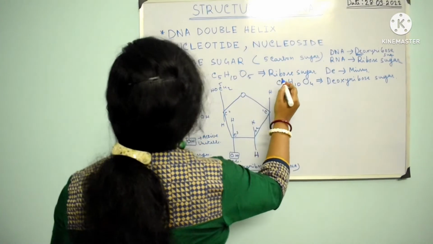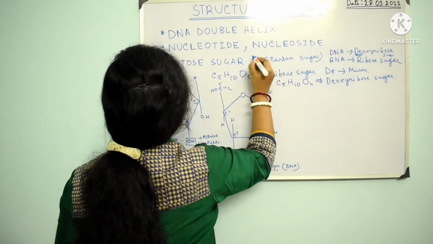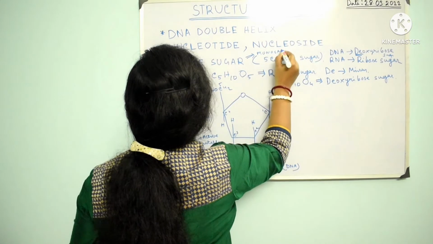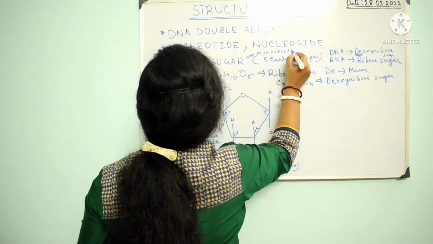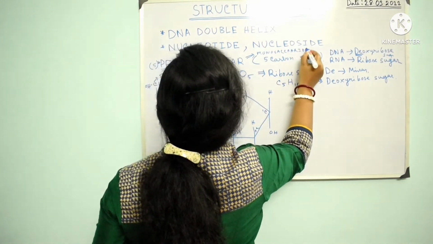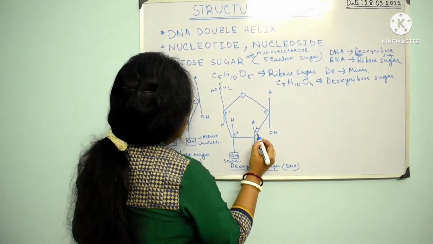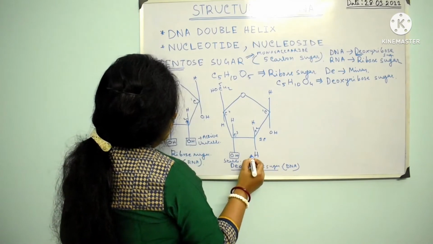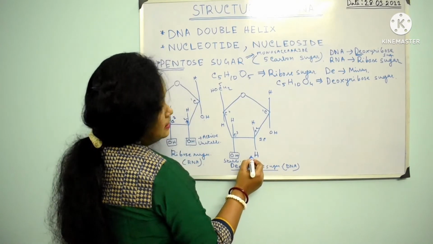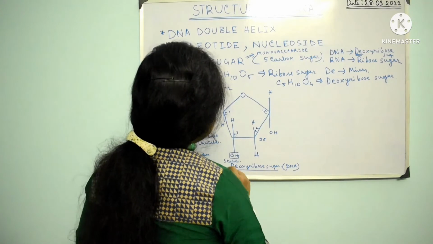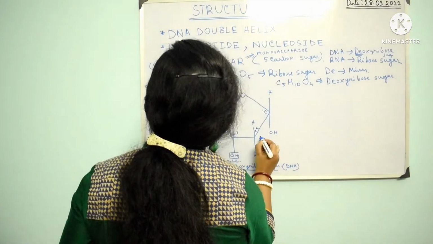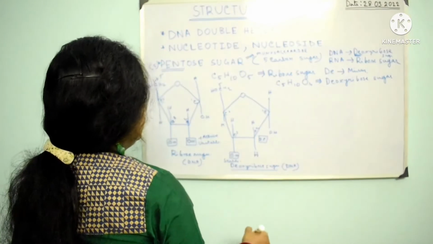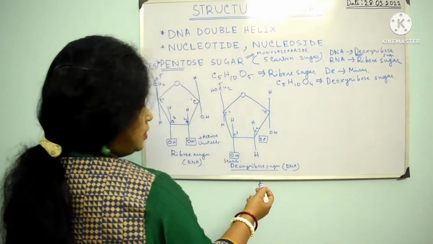It is a monosaccharide sugar. This is pentose sugar and this is monosaccharide, and mind it, from the 2 carbon position 1 oxygen is eliminated to make deoxyribose sugar from ribose sugar.